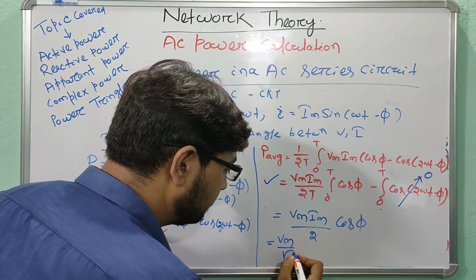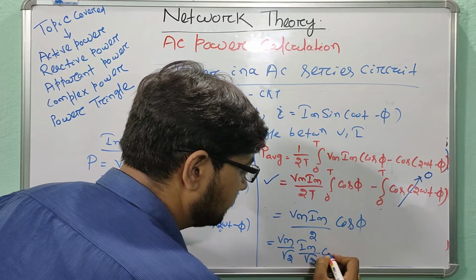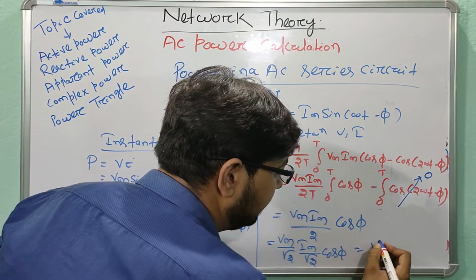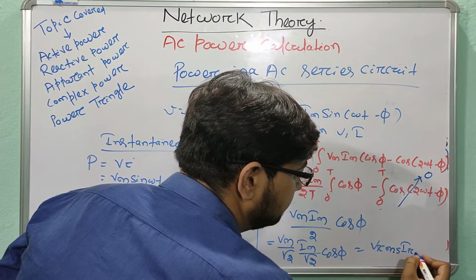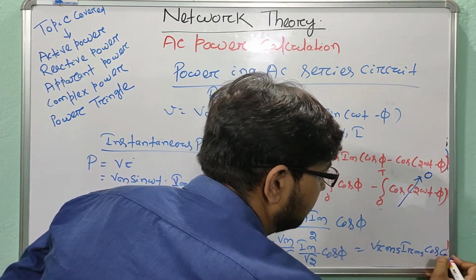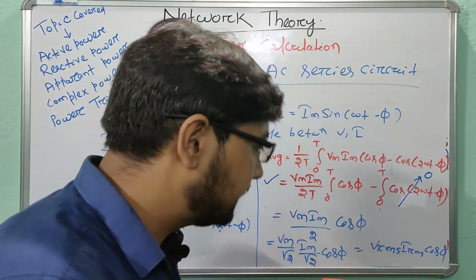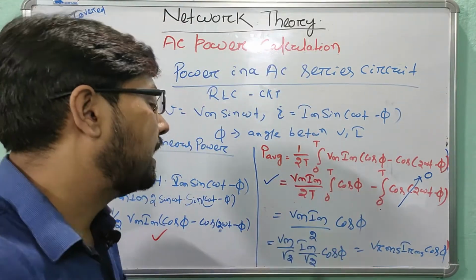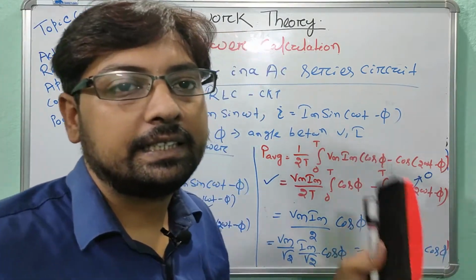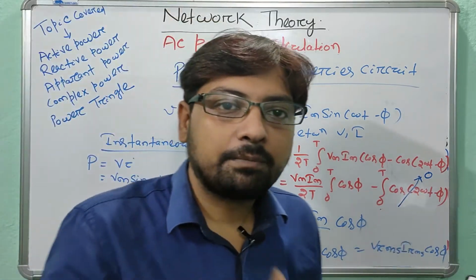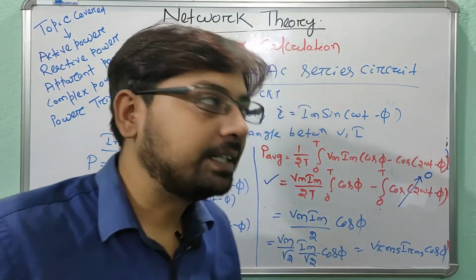Vm by root 2 and Im by root 2 cos phi, that is equal to Vrms Irms cos phi. So for an AC series circuit, my active power or my average power is Vrms Irms cos phi. It is the multiplication of RMS voltage, RMS current, and the cosine of the angle between the voltage and current.